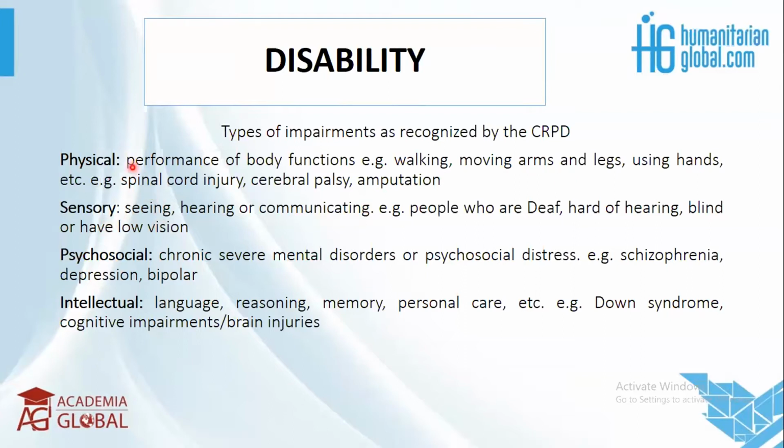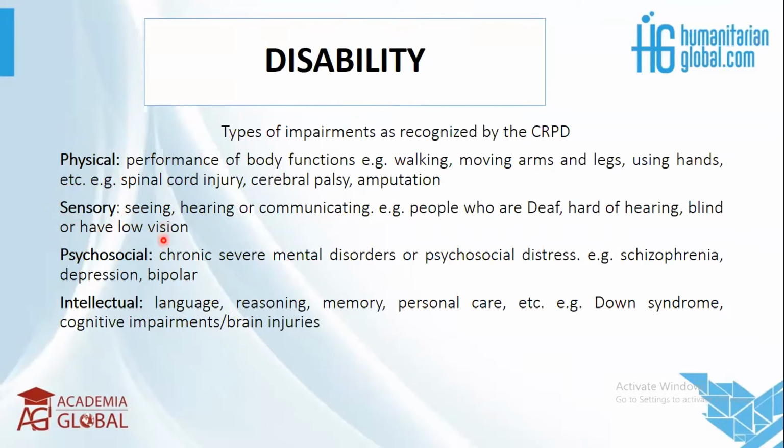Those are categorized as physical impairments. Then we have sensory. Sensory is about hearing or communicating. Examples are people who are deaf or hard of hearing, or who are blind, or who have very low vision. Those are the ones who have sensory impairments.